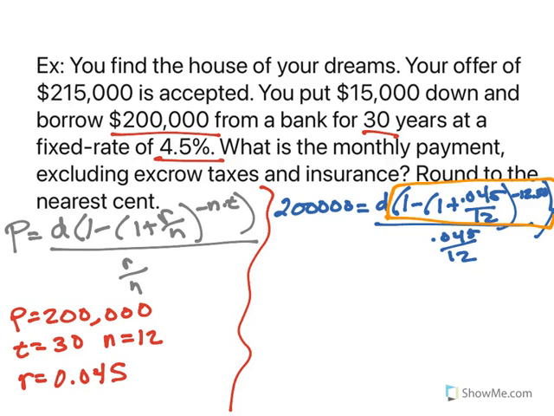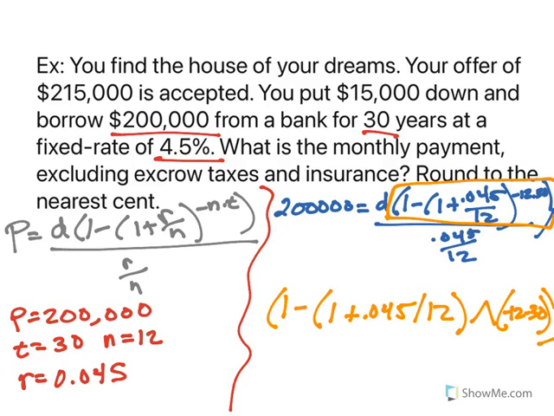You can plug that all into your calculator at one time: parentheses 1 minus parentheses 1 plus 0.045 divided by 12 parentheses raised to parentheses negative 12 times 30 end parentheses end parentheses. Go ahead and do that.